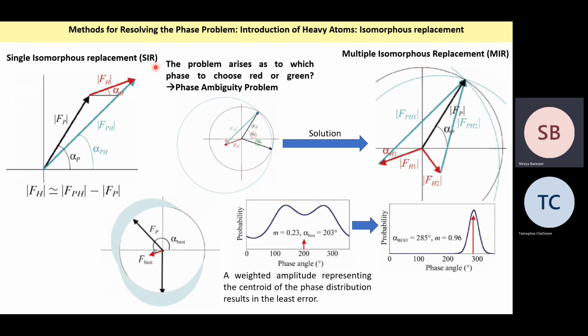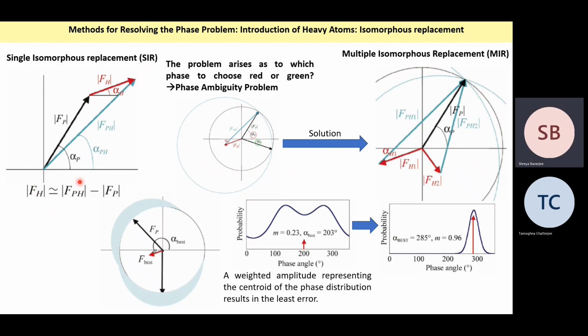Single isomorphous replacement is basically replacing just a single atom with a heavy atom. And here the vector summation is relatively simple. You have FP, which is for the protein, and FH, which is for the heavy atom. FPH is the resultant diffracted beam from the net co-crystallized protein and heavy atom.